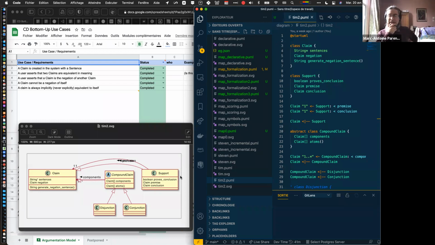I can certainly see making it not abstract and saying we can have an undefined compound claim as a step towards progressive formalization, where people will not say whether this is disjunction, conjunction, whatever else, until somebody decides to. And saying the notion of composition is there, because now we kind of need it since we've removed multiple premises. And I think that was the right move, by the way. But then we need compounds, I think.